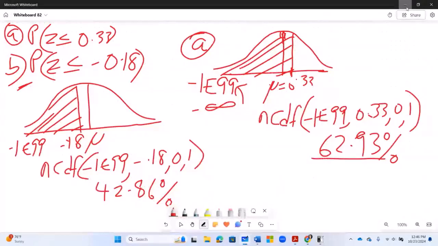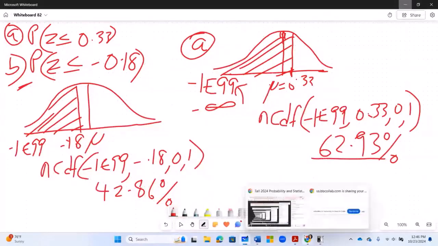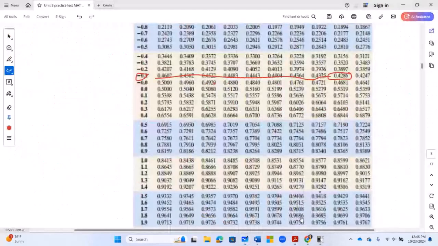So let me show you how to read the chart for 0.33. I will pull up my Z chart, which I have right now. This is 0.3. It's not negative. And then 0.33, this is 0.30, 0.31, 0.32, 0.33.